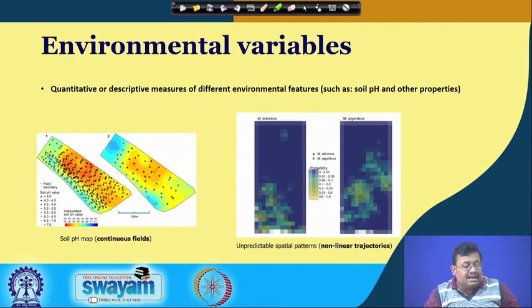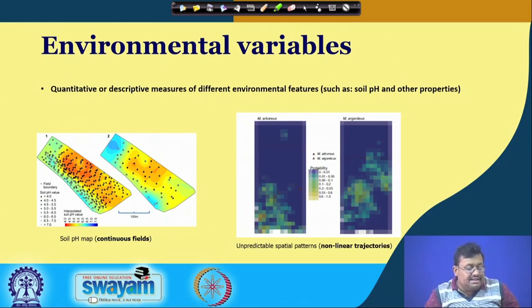So, remember that this spatial interpolation can only be done in case it is continuous data, just like the soil pH map, which is the negative logarithm of hydrogen ion concentration.